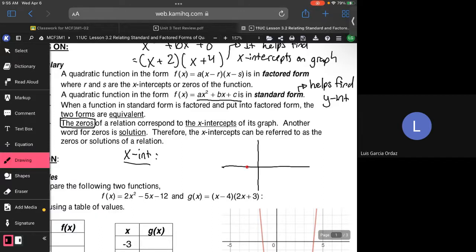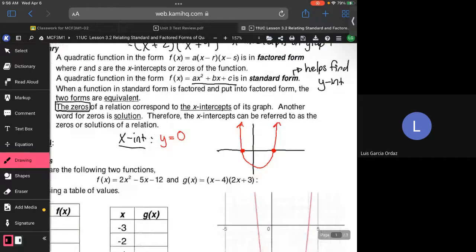So say I have a parabola. Those red lines are considered to be my x-intercepts where they cross my x-axis. So if I want to find my x-intercepts, what is my y value? 0. So y is equal to 0.